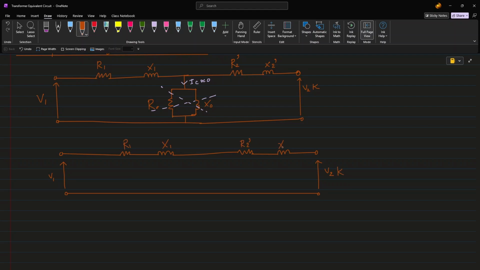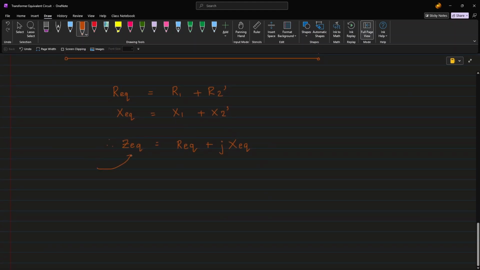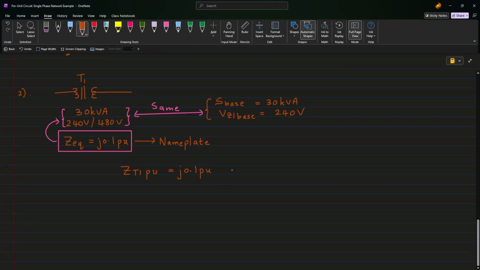From this circuit, you can see that it is possible to take an equivalent resistance and reactance based on the values in this manner. Of course, from this the equivalent impedance can be calculated as follows. As this is the actual transformer equivalent impedance, we can use the corresponding base impedance to calculate the per unit value as shown. This is what they have given in this question as a per unit equivalent impedance for us to utilize.